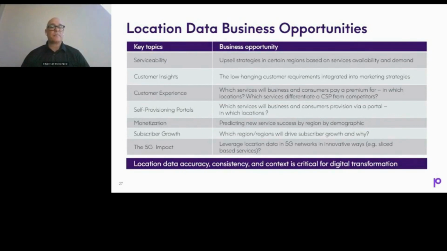So at its core, and we've talked about a wide variety of examples, this understanding of location and enrichment of that location with additional details ultimately enables all of these business opportunities to be executed on with efficiency and with speed and with confidence in the data that you're using.